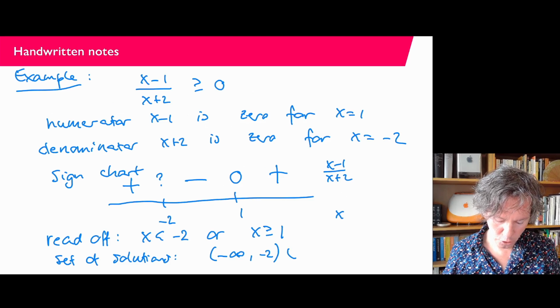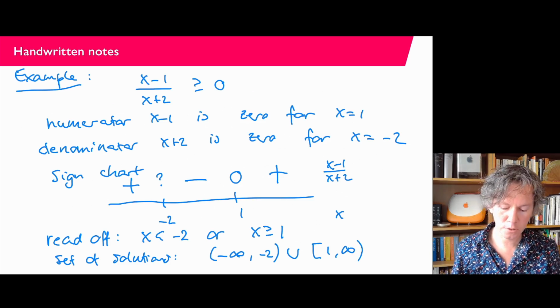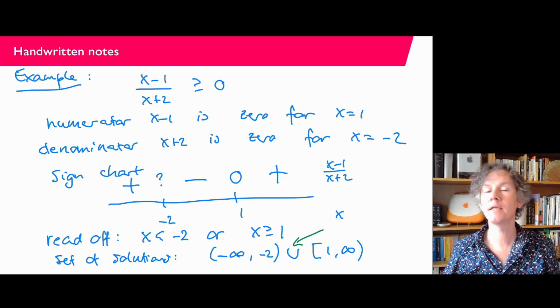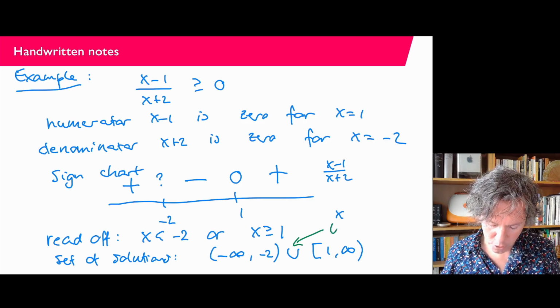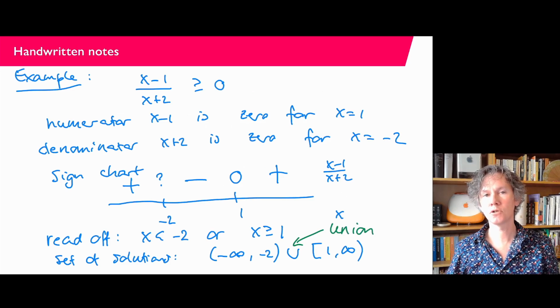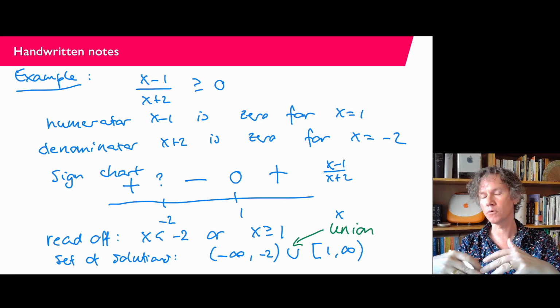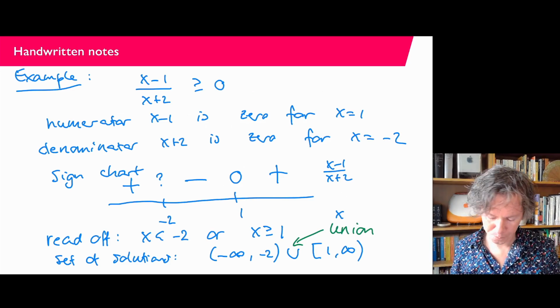And then union 1 to infinity, and 1 is included. And here I have used a symbol that you may not have seen before. This means union. And it means that I simply combine the two collections. So I have a bag of numbers, I have a second bag of numbers, I put them all together into a new bag. That's what it means.